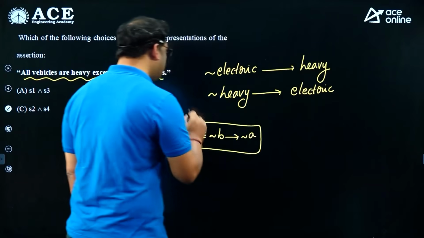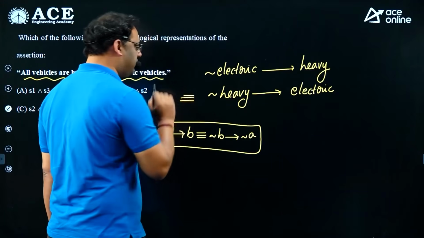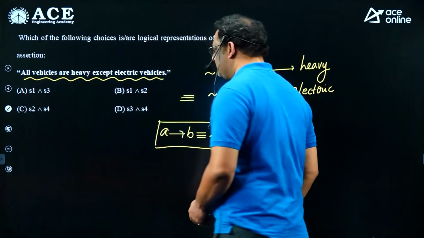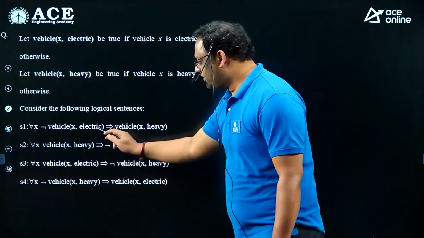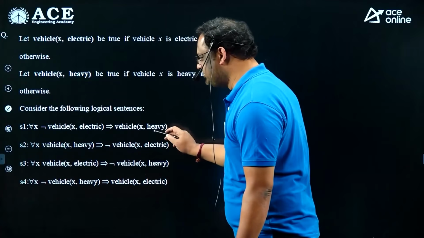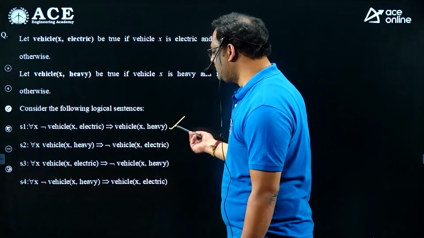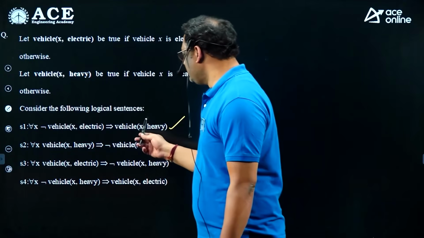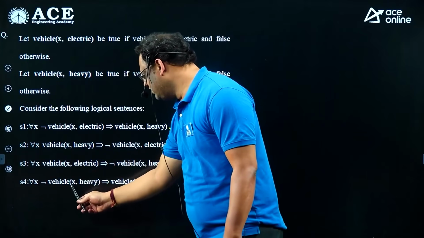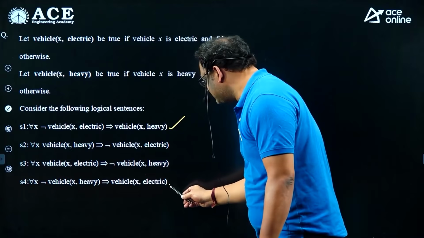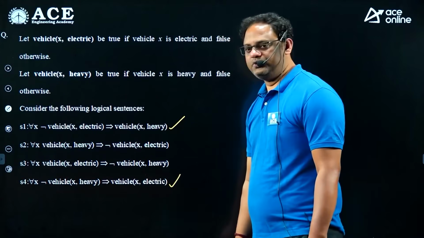Yeah, these both statements are logically equivalent. In this scenario, if the vehicle is not electric, then it is heavy, yes. And you can also say the contrapositive statement, if the vehicle is not heavy, then it is electric. Yeah, this S4 statement is also true.